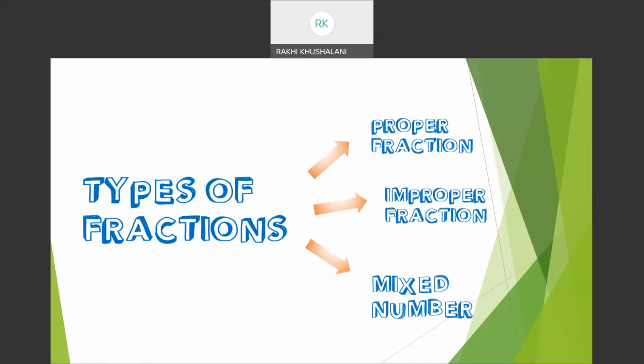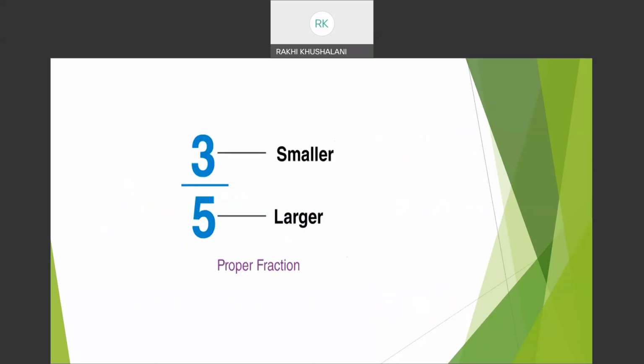Now the actual types of fractions are proper fraction, improper fraction, and mixed number, or we can also call it a mixed fraction. Proper fraction, improper fraction, mixed fraction. Okay, and these are the most important ones we have to learn.